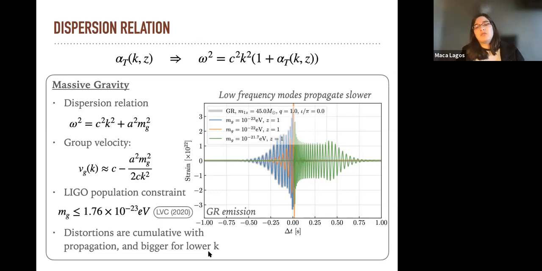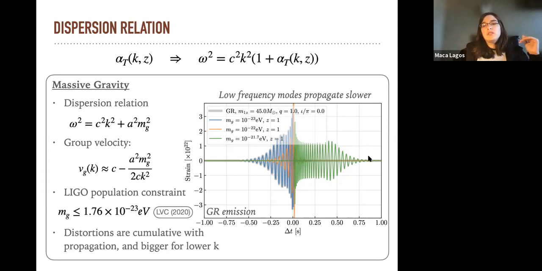So LISA would also help constrain these kinds of distortions even better. In this example, I didn't have any interactions with additional fields. We just changed the dispersion relation, and here you can see what kind of weird distortions you can get.